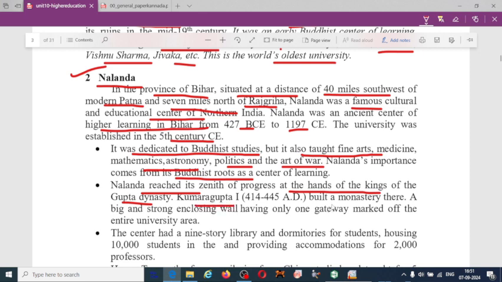Kumaragupta, the king, built a monastery there, a big and strong enclosing wall having only one gateway marked off the entire university area. So Kumaragupta built the monastery, and only one gateway was there for that university.